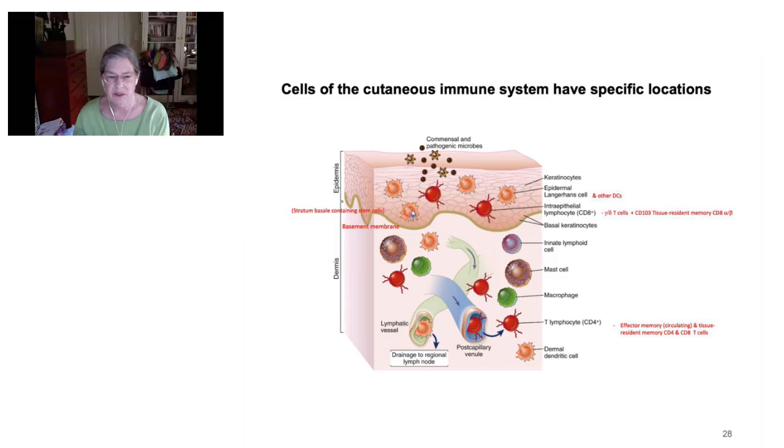The dendritic cells or Langerhans cells can get activated and then move into the dermis, this lower section here, where there's a good blood supply, and travel up the lymphatic vessels, just like as usual, to a draining lymph node where they will present antigen and prime lymphocytes to recognize that antigen and to prime them to home back to the skin.